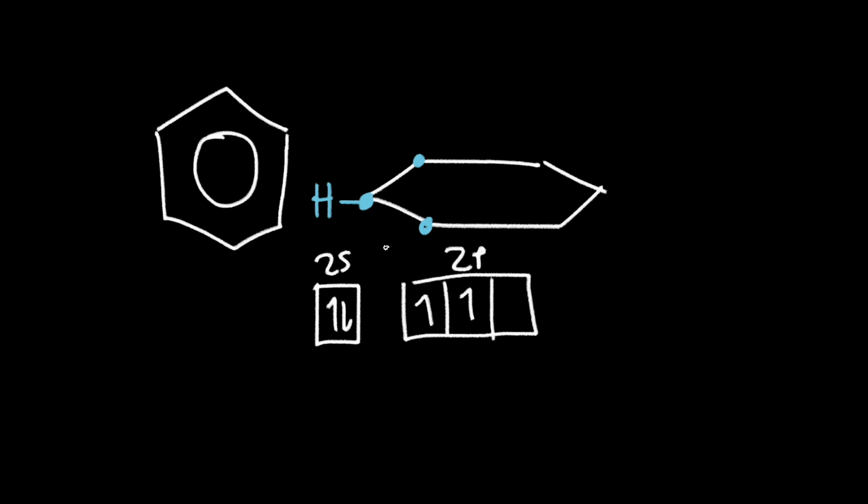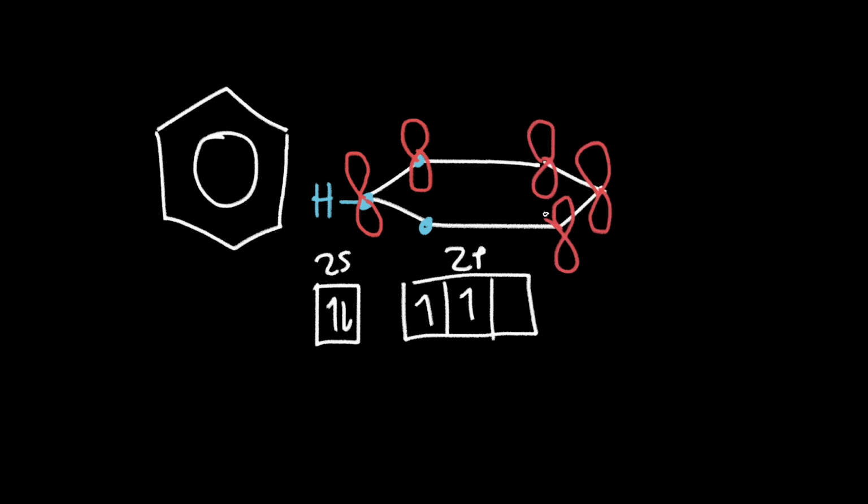If each carbon is using 3 electrons to form these 3 sigma bonds, then what happens to this 4th electron? Well, the 4th electron is going to be in a p orbital at right angles to the plane of the ring, like this.